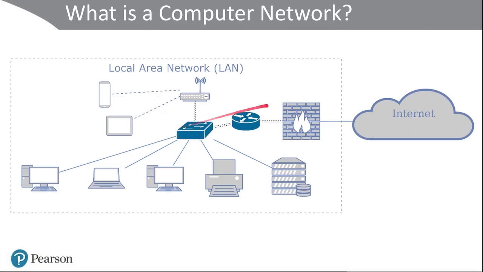The switch also connects to a router or gateway device, which is the device that allows all these systems access out to the internet. And quite often that'll happen through some type of firewall. And in fact, the two may be one and the same device. So this is an example of a typical small office local area network, or LAN.